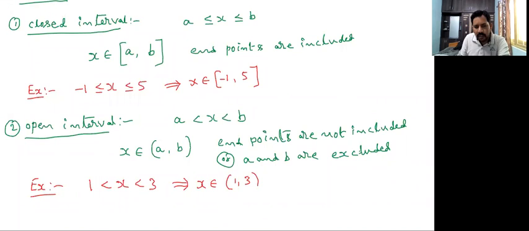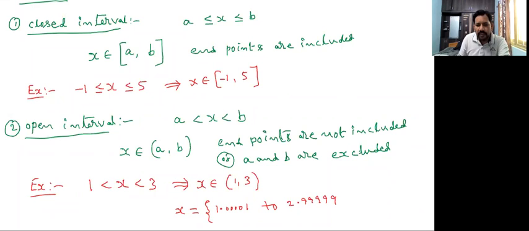So here 1 and 3 are not included. We can take in-between values. That means x values we can take are 1.00001 up to 2.999.